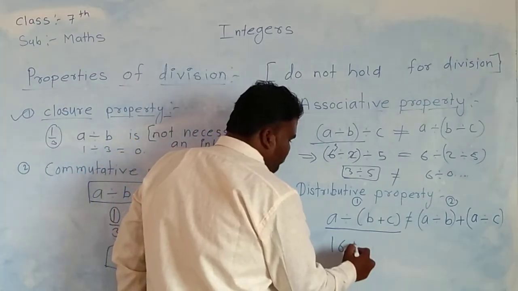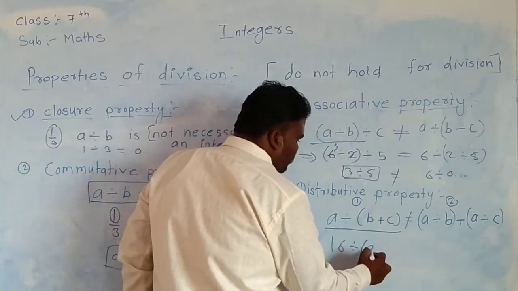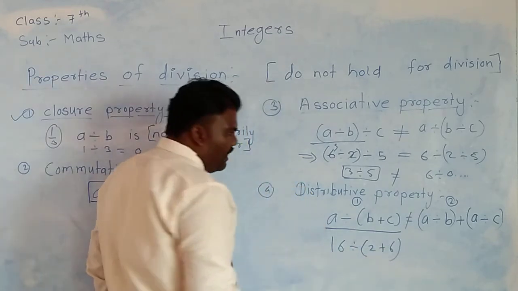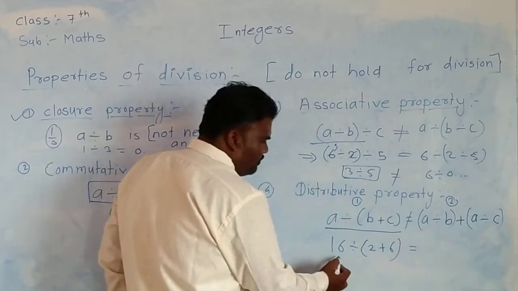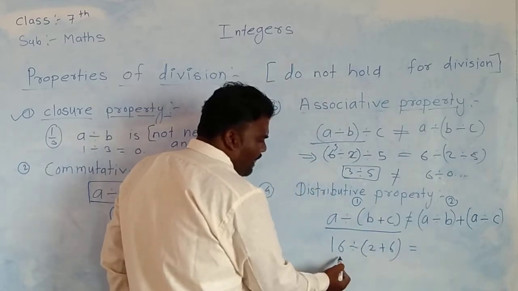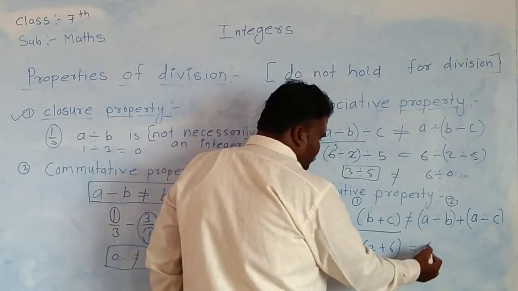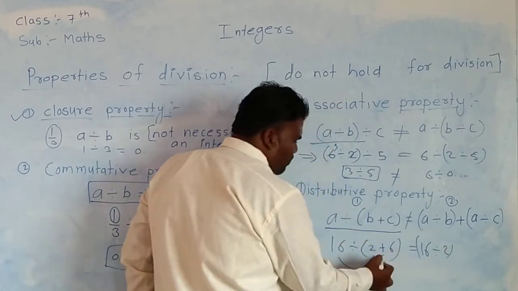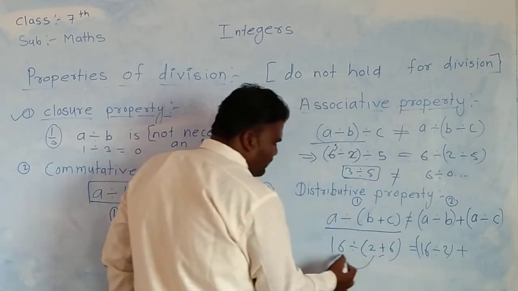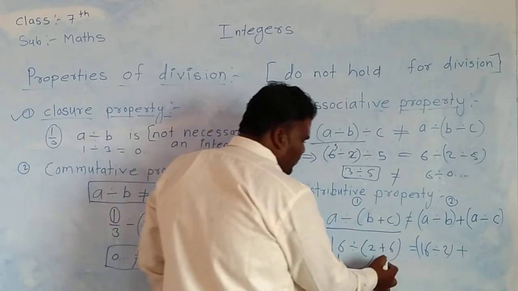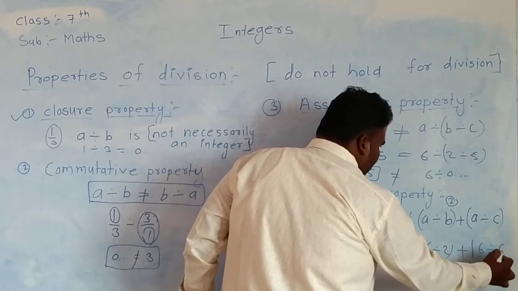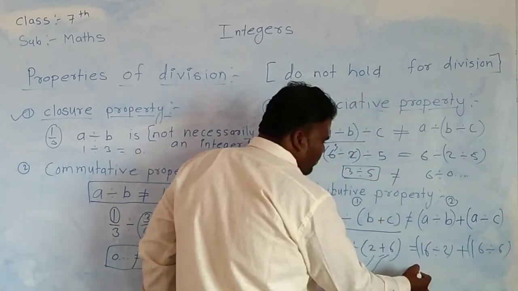Suppose 16 divided by 2 plus 6 over here. So what will happen here? I will divide it like this: 16 divided by 2, and this plus I will write over here, and then in the next bracket 16 divided by 6.